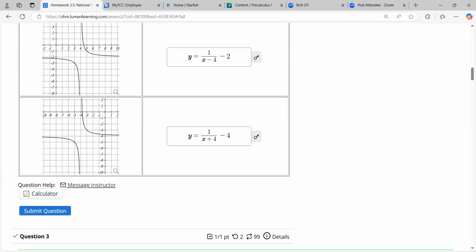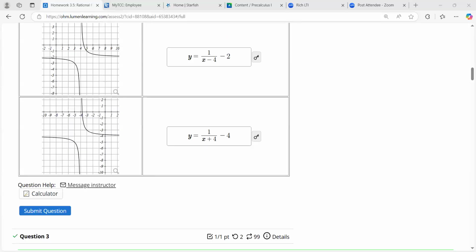Now let's go back to the notes. We are going to look at the graph of rational functions in general and talk about the asymptotes. No, that's not what I'm sharing right now. Am I still sharing the Lumen or am I sharing the notes?